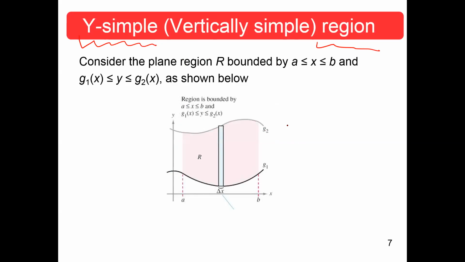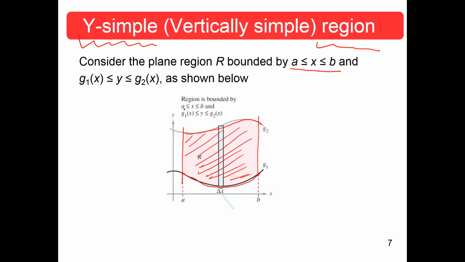So if you take a look at this graph below, the shaded region R is simply bounded by two constants on the left and on the right. So we can describe this as x is between two constants, and y is between the function on the bottom and the function on the top.